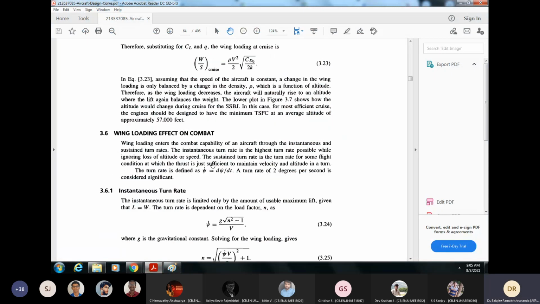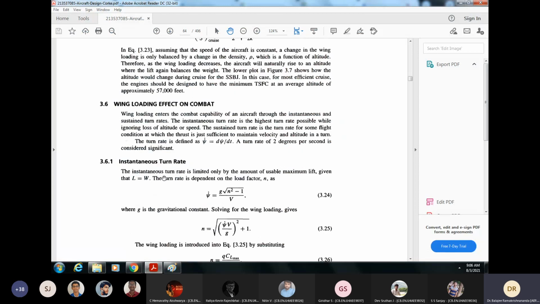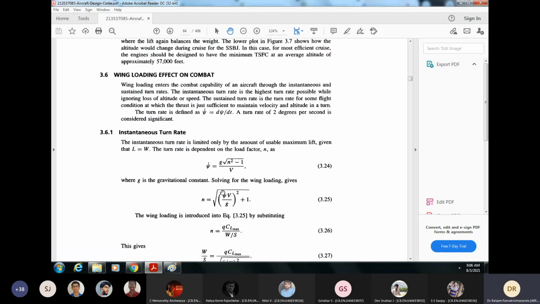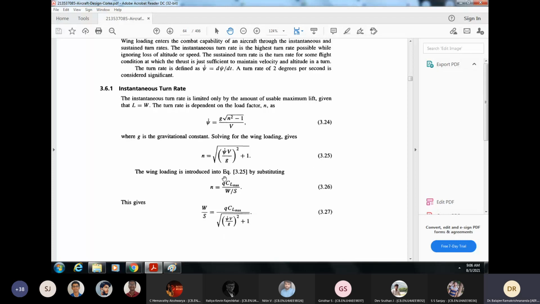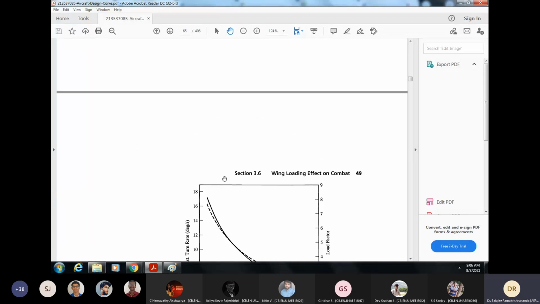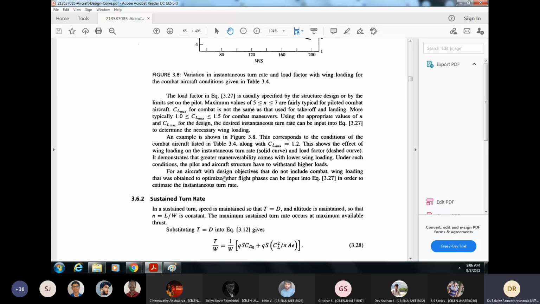Then wing loading effect on combat. Combat is actually dictated by instantaneous turn rate, which in turn is dictated by n. Don't go through all these things; not really necessary. It is okay if you take that n. So n values of 5 to 7 are fairly typical of fighter combat aircraft, and CL max for combat is not the same as that used for takeoff and landing.